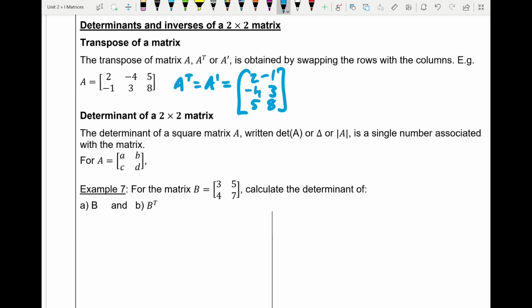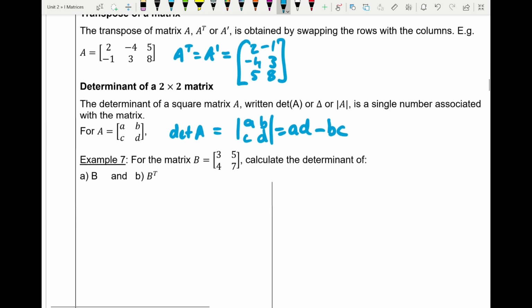It's a single number associated with the matrix. And so for A equals [a b; c d], it is simply A times D, take B times C. So the product of the main diagonal minus the product of the other diagonal.